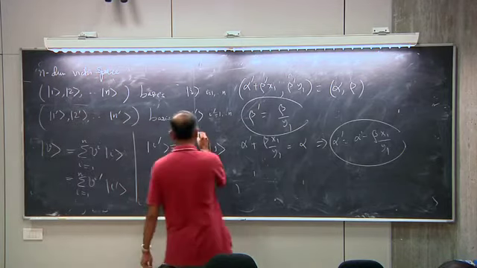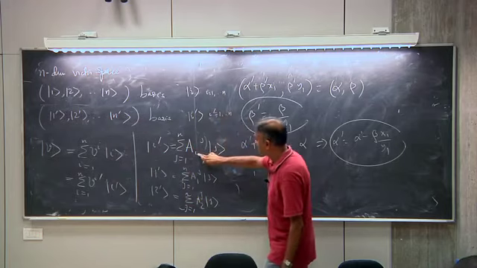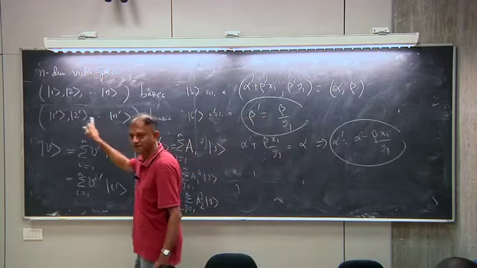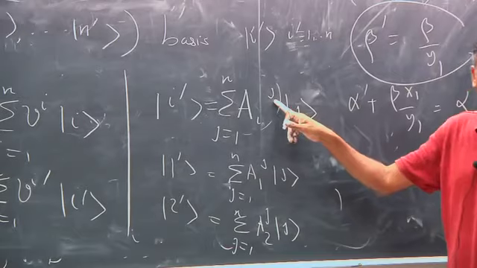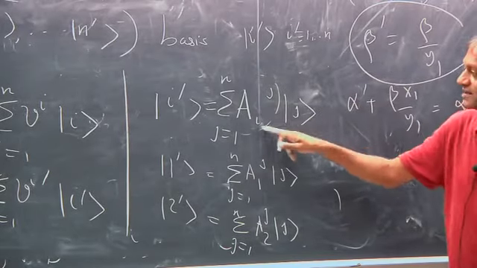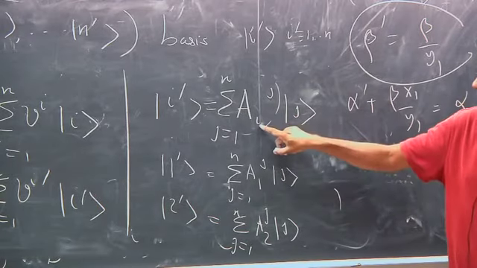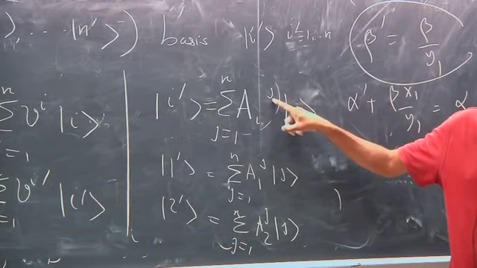Now here, if you look at this, I goes from 1 to n because there are n such vectors, and j also goes from 1 to n. So you can think of this as an n by n matrix, where I labels the row and j labels the column.